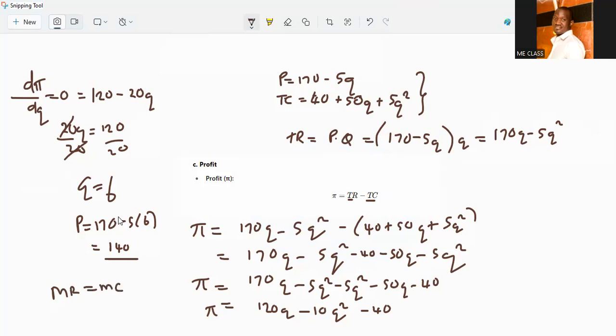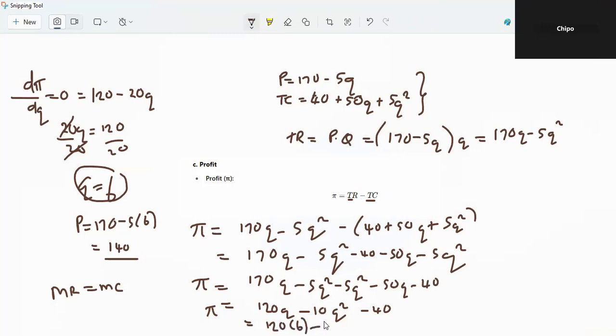And if they asked you to find the actual profit, you simply substitute this quantity in the Q there. So we're going to say 120Q, where there's Q, put 6, and 10Q, 6 squared. And you evaluate the answer there.